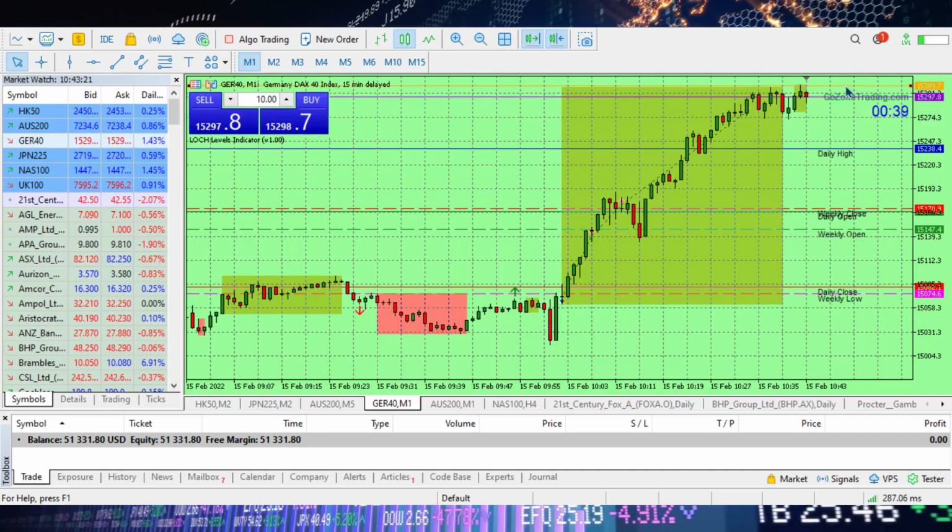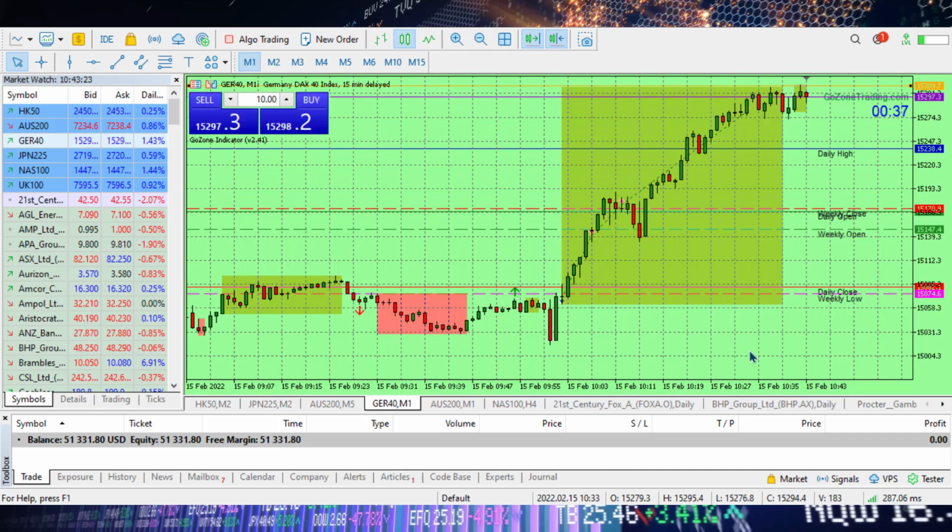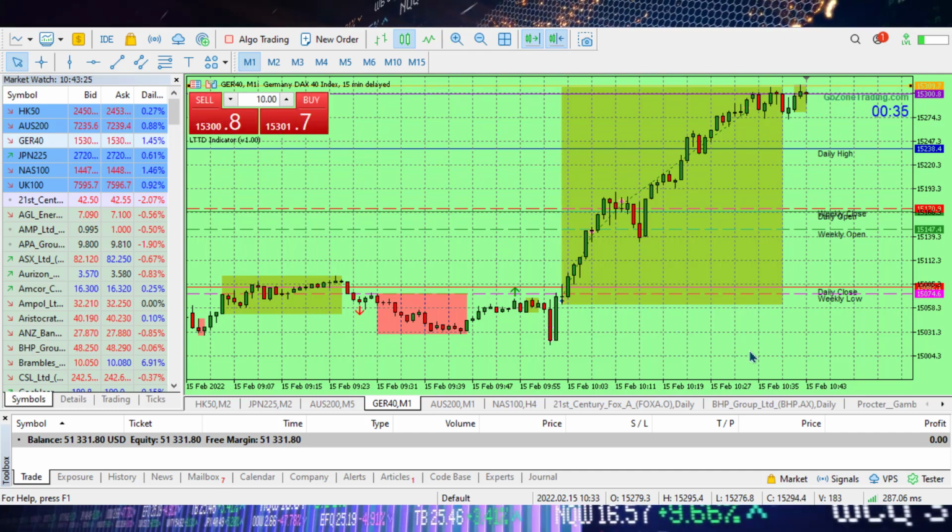As you can see, it went right up to that breakout line and stopped.